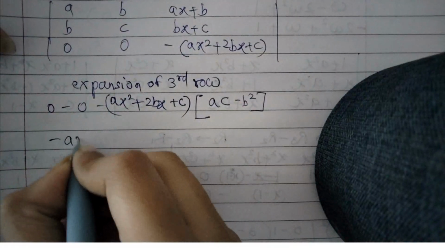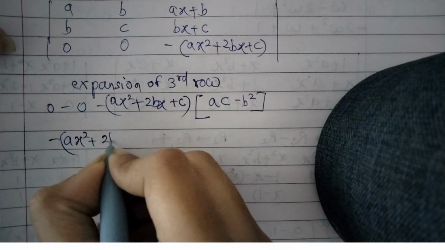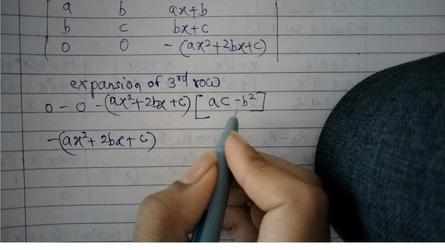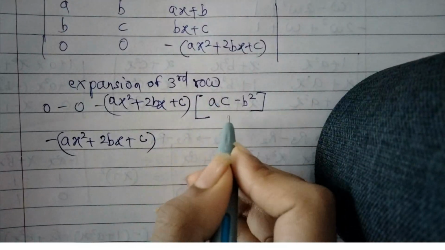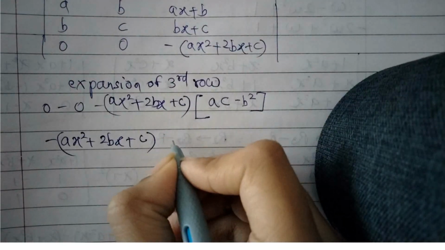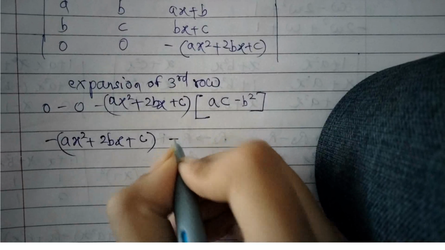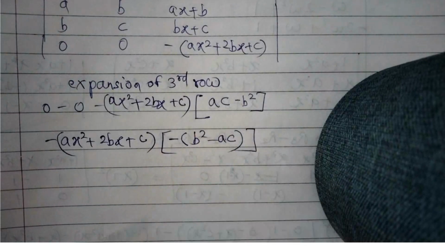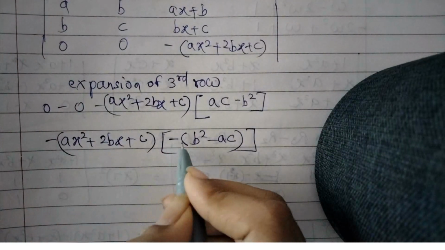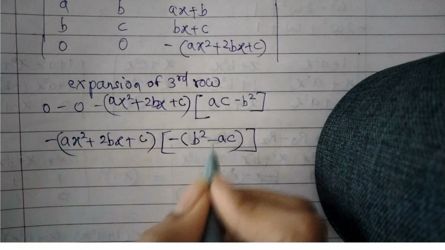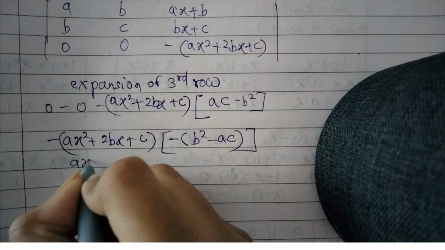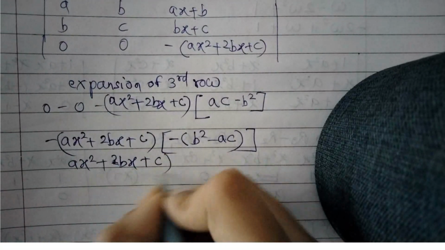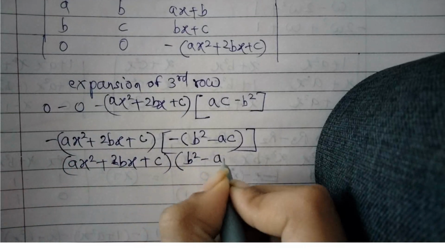If we want to write within the bracket b square minus ac, we have to take the minus sign outside the bracket, so that will be minus b square minus ac. This negative sign and this negative sign will cancel out and the total term will become positive. So we can write ax square plus 2bx plus c into b square minus ac.